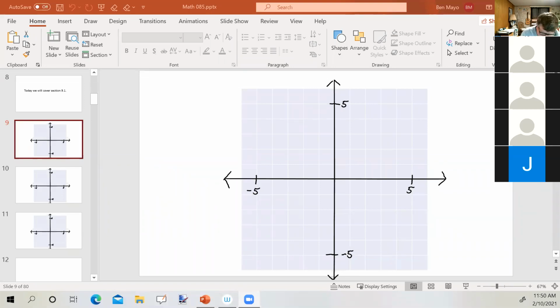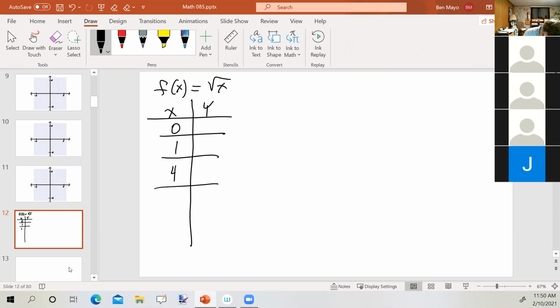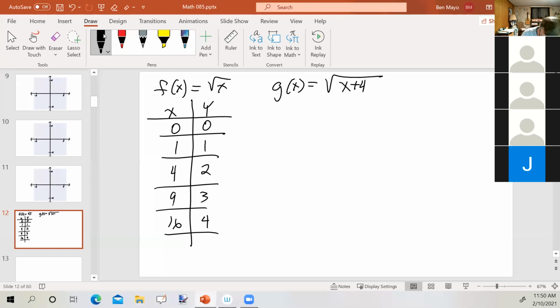Let's take a look at f of x equals the square root of the quantity x plus 4. And what I actually want to do is I want f of x equals the square root of x, let's deal with that we just had here. And let's make it g of x. And then we'll say g of x is the square root of the quantity x plus 4.